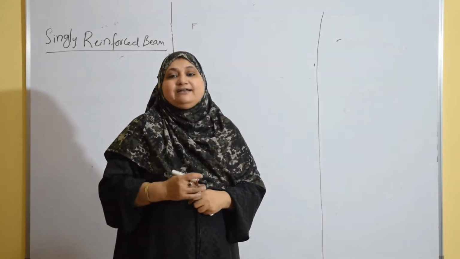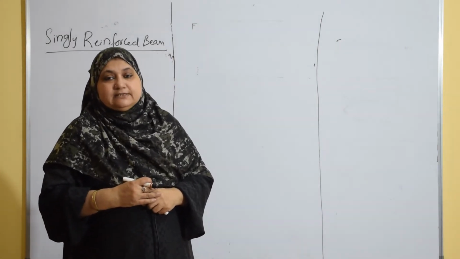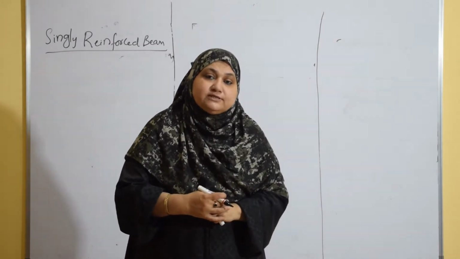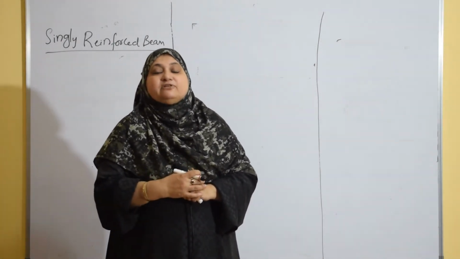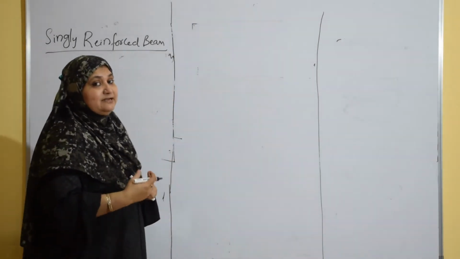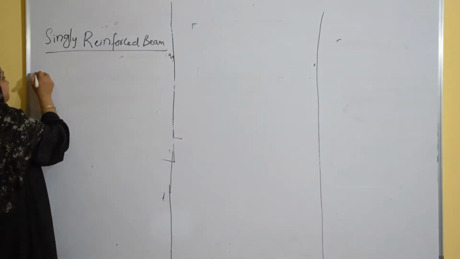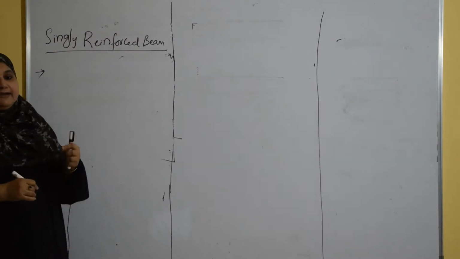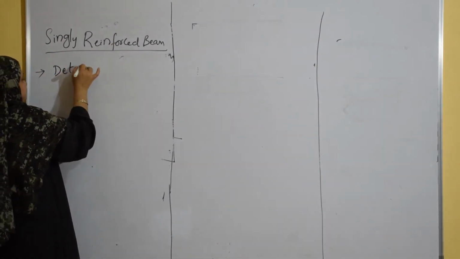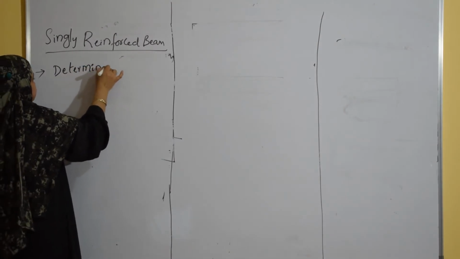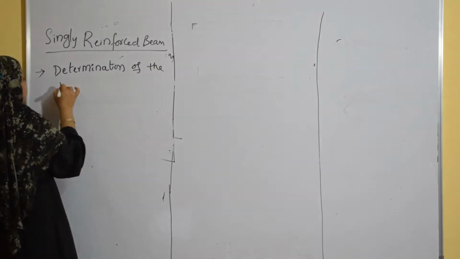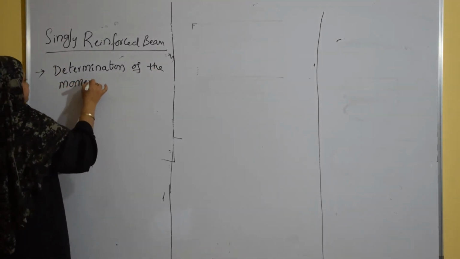Analysis means finding the moment of resistance, that is the capacity of the beam. Moment of resistance, the other term which you can use is capacity. The capacity of the beam to resist the external load. So that comes under analysis. So the first type of problem will be the determination of the moment of resistance.